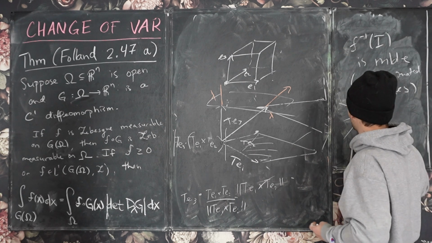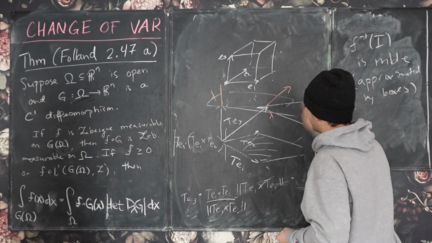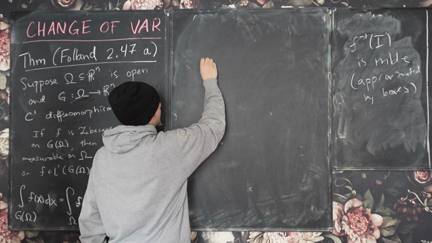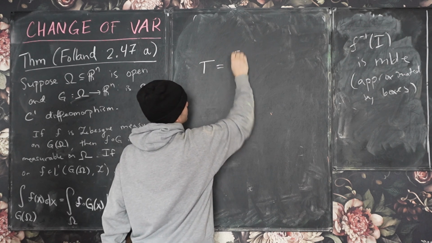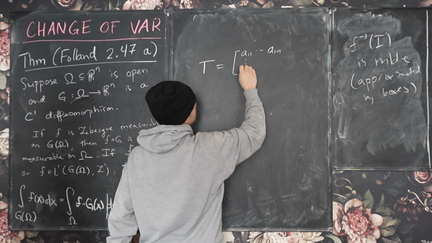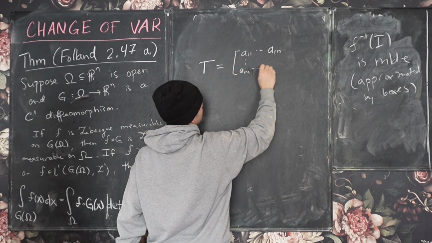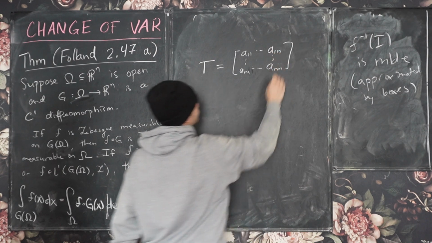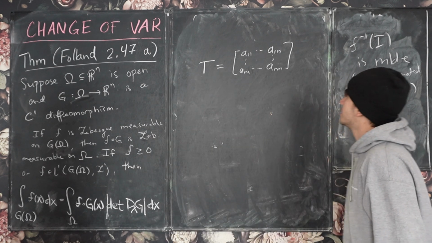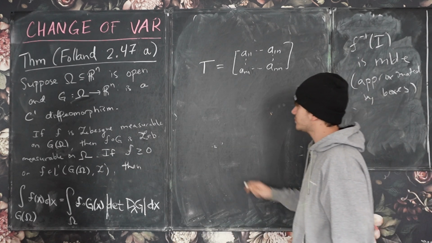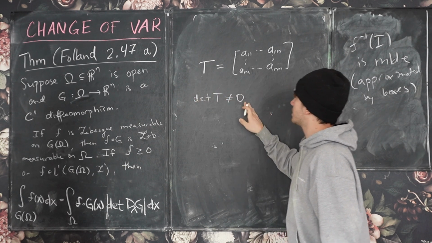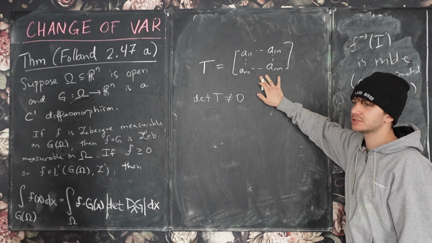Let me pose an interesting fact here. If I look at any matrix T, with entries A11 through A1n down to AN1 through ANN, and I want it to have a non-zero determinant, then I can row reduce this matrix to the identity.